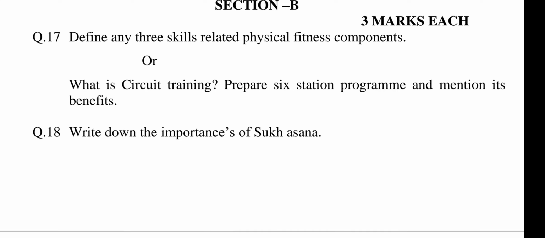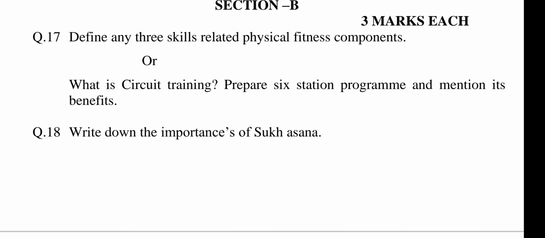Speed has 3 types. Number 1, reaction time. Second, acceleration. Third, speed of movement. Third, endurance. Endurance has 2 types: short term or anaerobic or muscular endurance, and second, long term or aerobic or cardiovascular endurance.